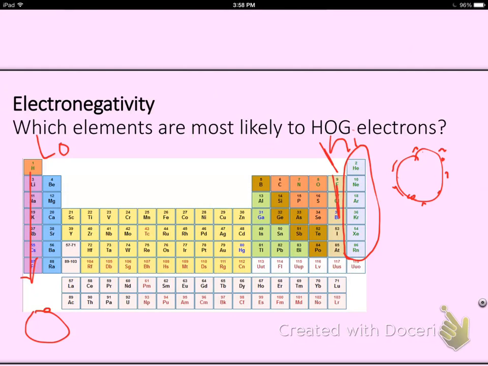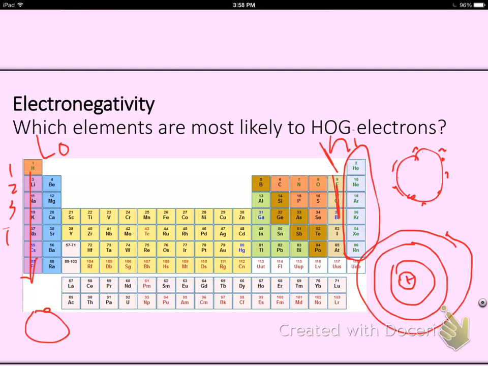Okay, so let's think about what happens as we go down a group. We go from period to period. Okay. What happens is, again, if I have this nucleus, every time I add a shell with electrons in it, the Coulombic forces are weaker for these electrons that are further away. And if they're further away from that positive pull, and it's really, when I have a bond, let's say between hydrogen and hydrogen, it's not the attraction the electrons have for each other, it's the attraction that the negative electron has for the positive nucleus of the other, right?